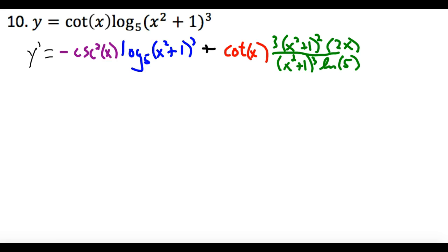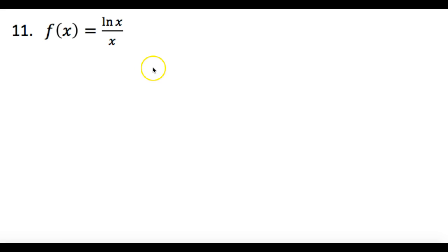All right, so let's take a look at number 11. So on this one, we have a little bit of quotient rule. So here, my derivative f prime of x. So the first thing in quotient rule, square the denominator. Bring that denominator straight up, times the derivative of the numerator.